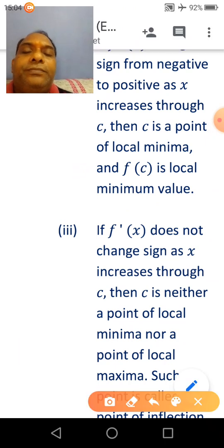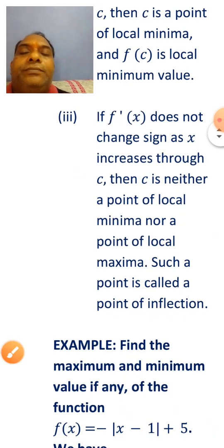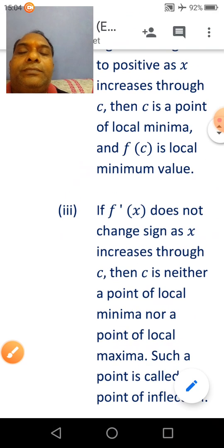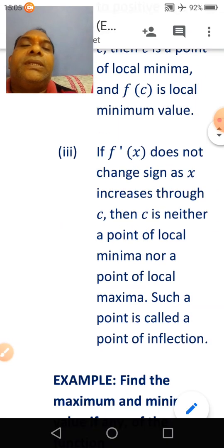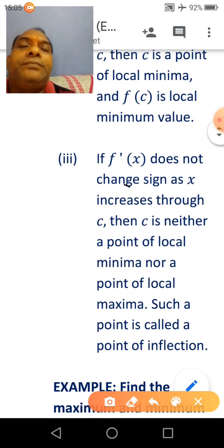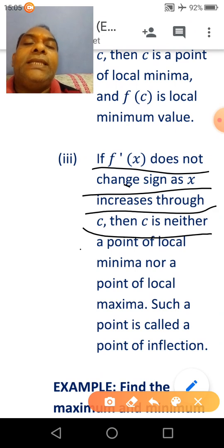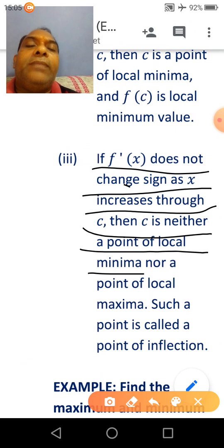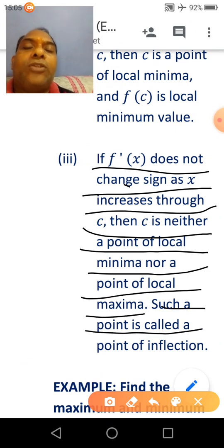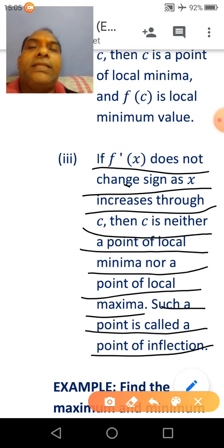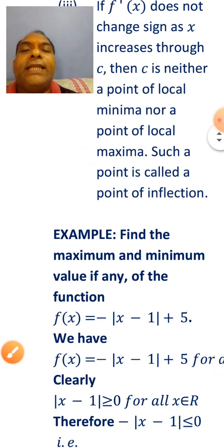If f'(x) does not change sign as x increases through c, then c is neither a point of local minima nor a point of local maxima. Such a point is called a point of inflection. Clear? Now see the example.